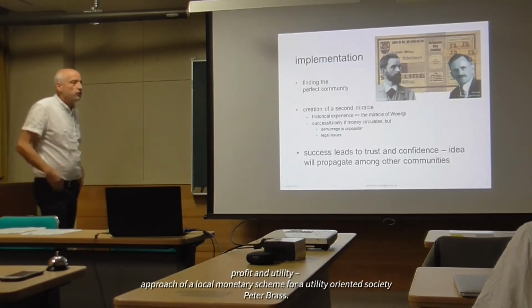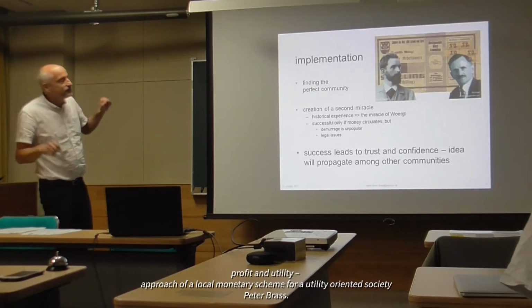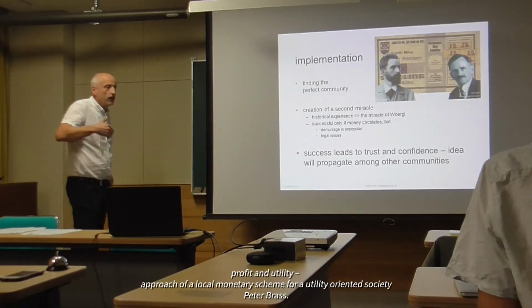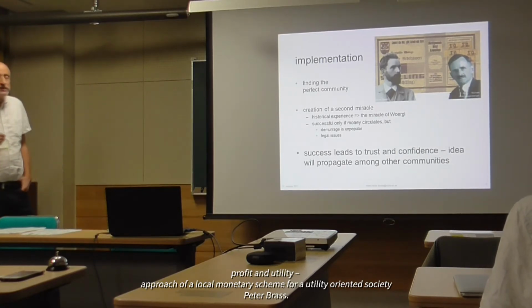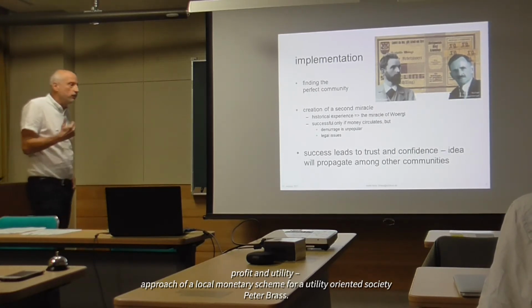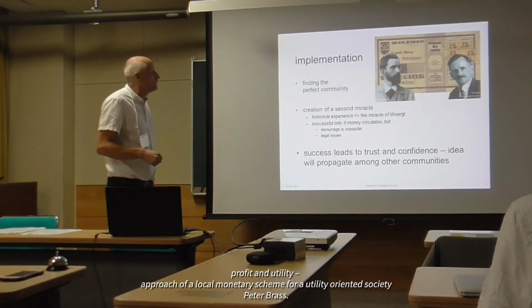So, implementation. We have to create a second miracle. Miracle is a special word, and for this we have to find a perfect community, because success leads to trust and confidence, and the idea will propagate among other communities.